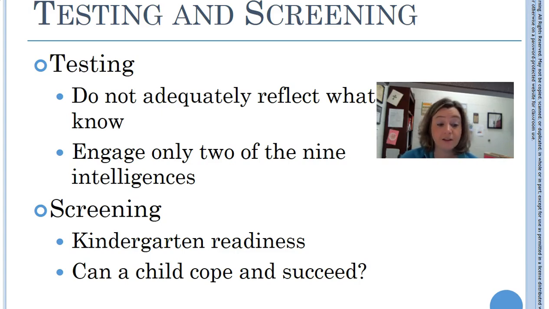Now, screening is a little bit different, because screening is just looking at different factors to determine whether or not we're ready for something. One of the biggest screenings is kindergarten readiness, but there are screenings that are done when babies are born. There is a hearing screening that every baby undergoes, and it's not a test.